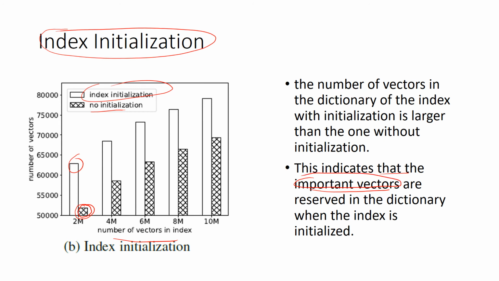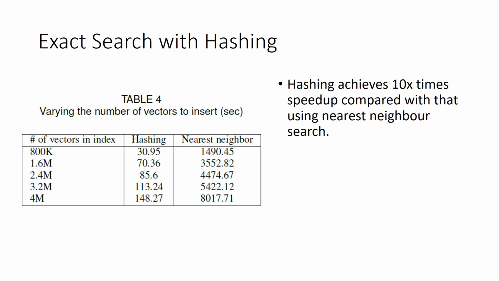So if the users know which vectors are important, then they can store those in the dictionary rather than have them represented by other vectors. We also study exact search using hashing.